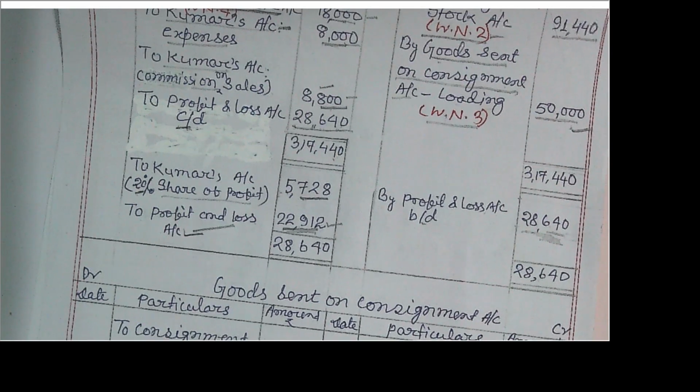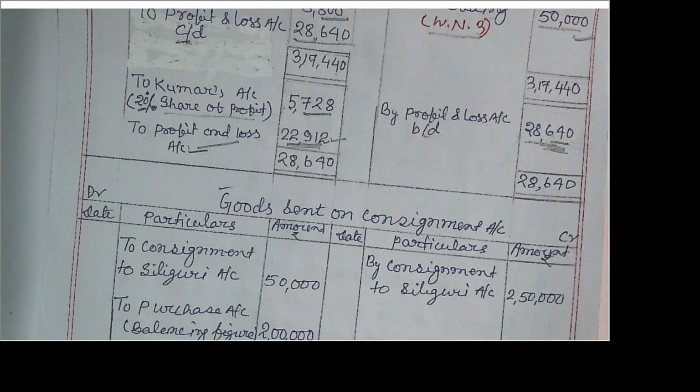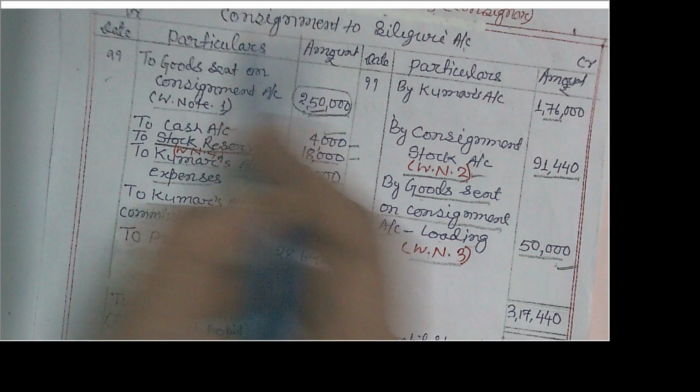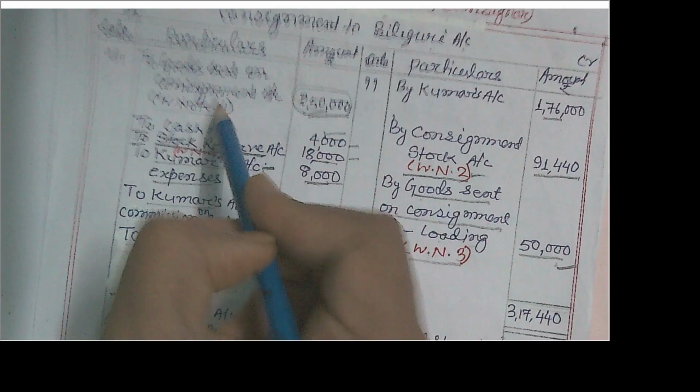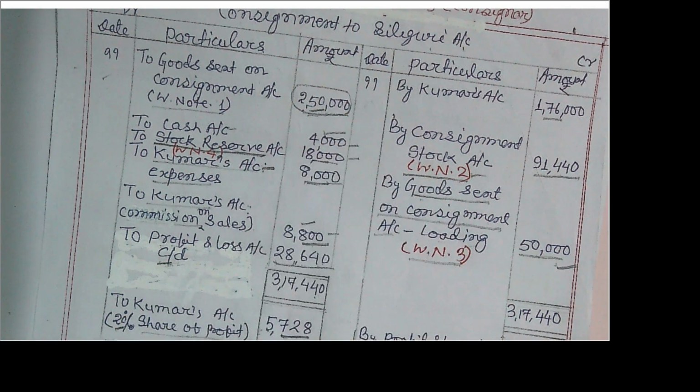Now next, the goods sent on consignment account you have to prepare. So this is the goods sent on consignment account, and the entry is this one: goods sent on consignment account and consignment to Siliguri account. On this is the debit side, on consignment to Siliguri account credit side.